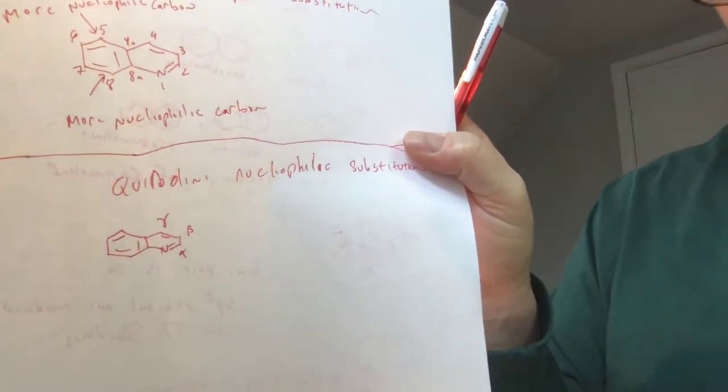Everything's thought of relative to the nitrogen, and so we have alpha, beta, and gamma next to the nitrogen.